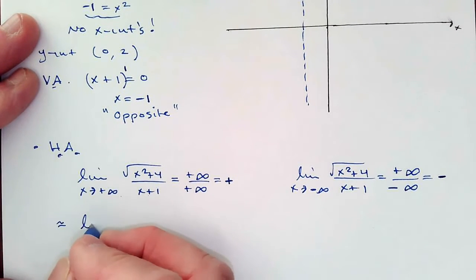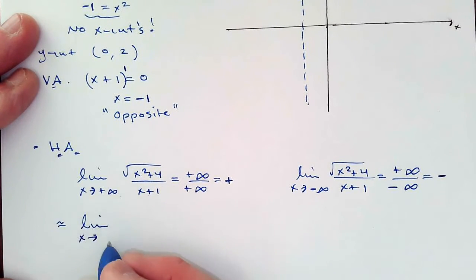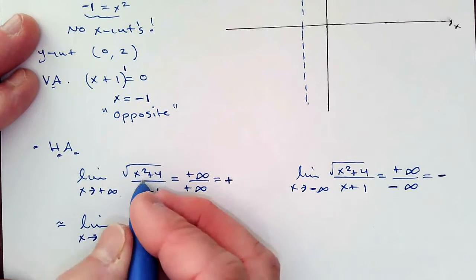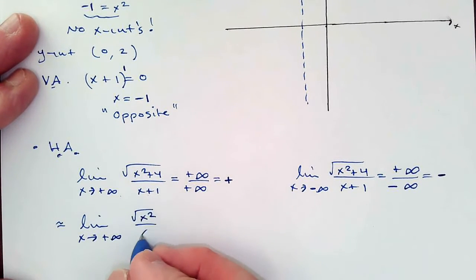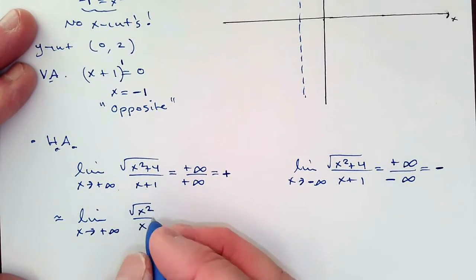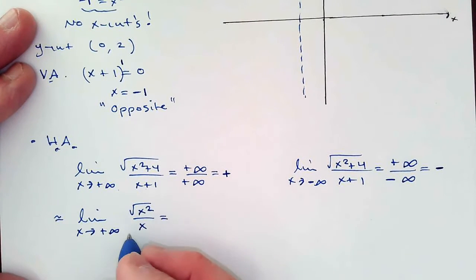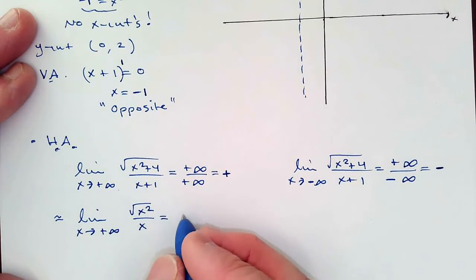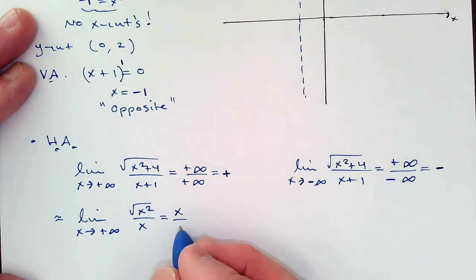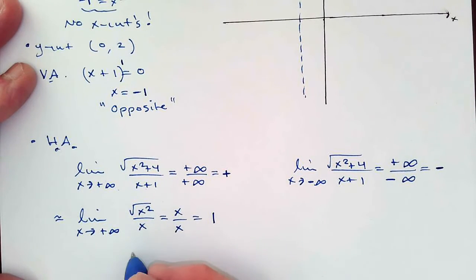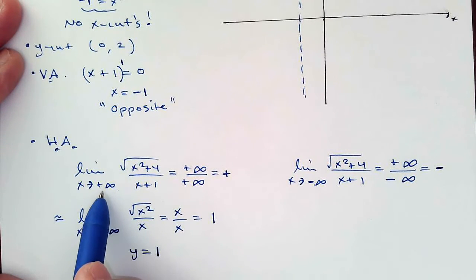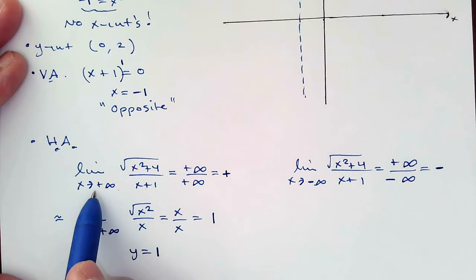As we've said, we can just focus on the highest power of x in the numerator and denominator. So I'm just really focusing on the square root of x squared and x. And the square root of x squared, most people would say, is just x, over x, and that gives me 1. And that's correct. So there's a horizontal asymptote of y equals 1 as x goes to positive infinity.